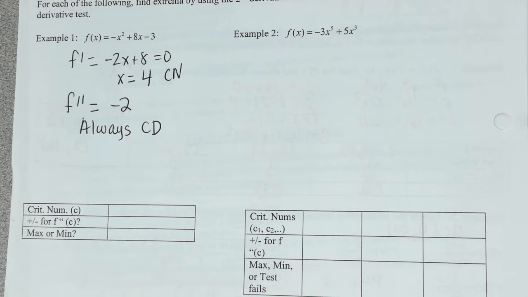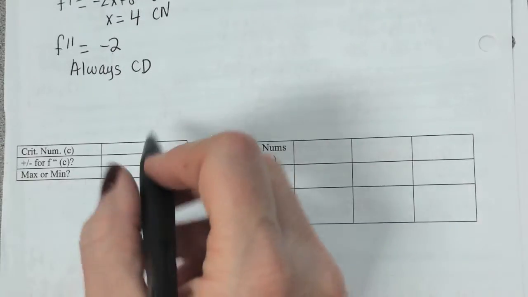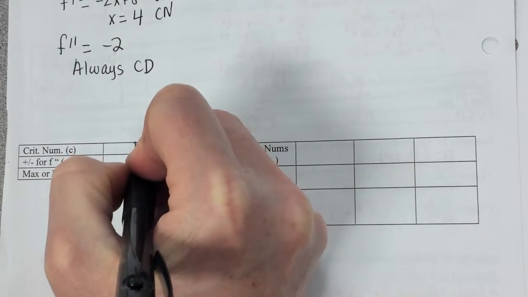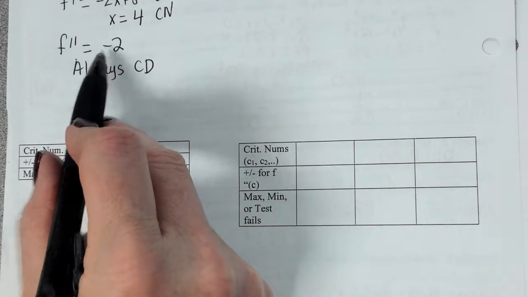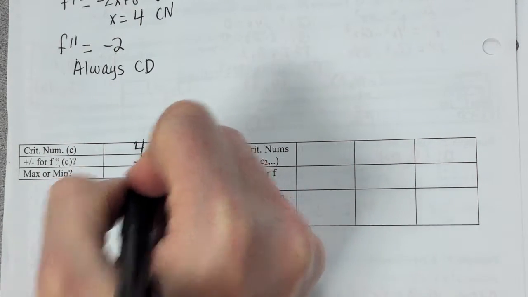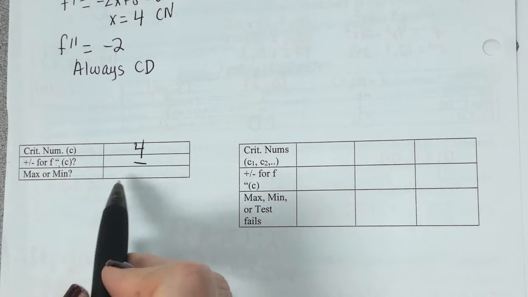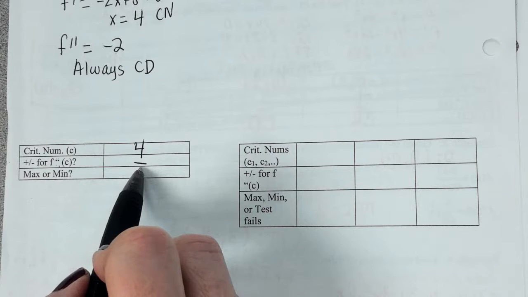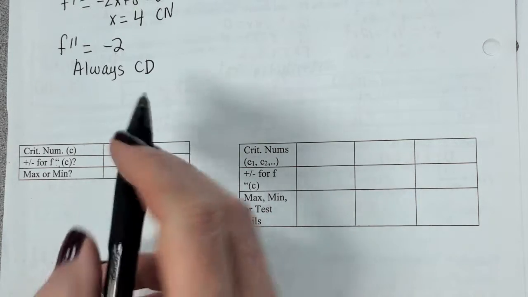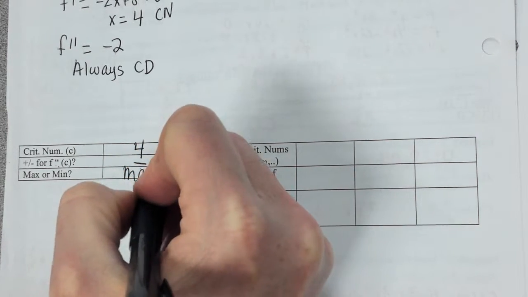That's what that's telling me right there. So my critical number was 4. Every value, including the critical number, has a negative on the second derivative. So what does that mean then about this point at 4? What's it going to have to be then? It's going to have to be a max.